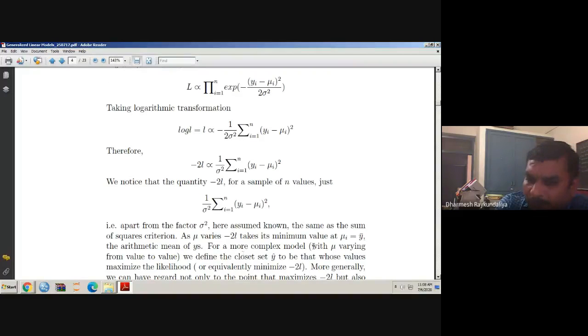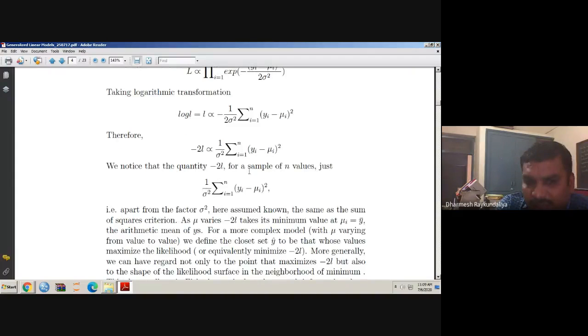For a more complex model, let us say mu is varying from value to value, we define the closest set yi cap to be that whose values maximize the likelihood. So ultimately, we wish to find the best value of mu i so that this likelihood is maximized.